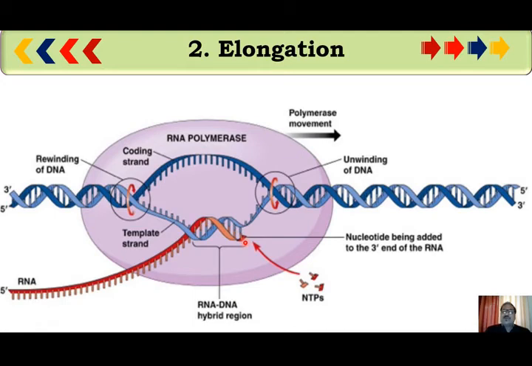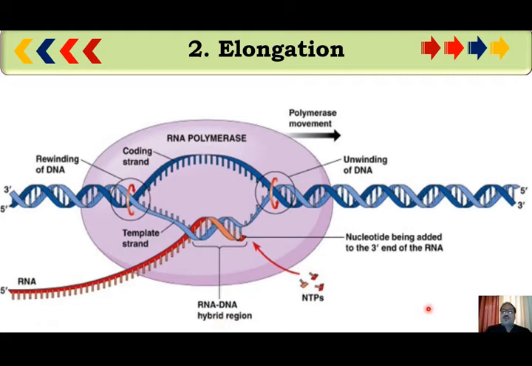Elongation takes place by addition of activated ribonucleotide triphosphates, that is ATP, UTP, GTP, and CTP, to one strand of the DNA template.